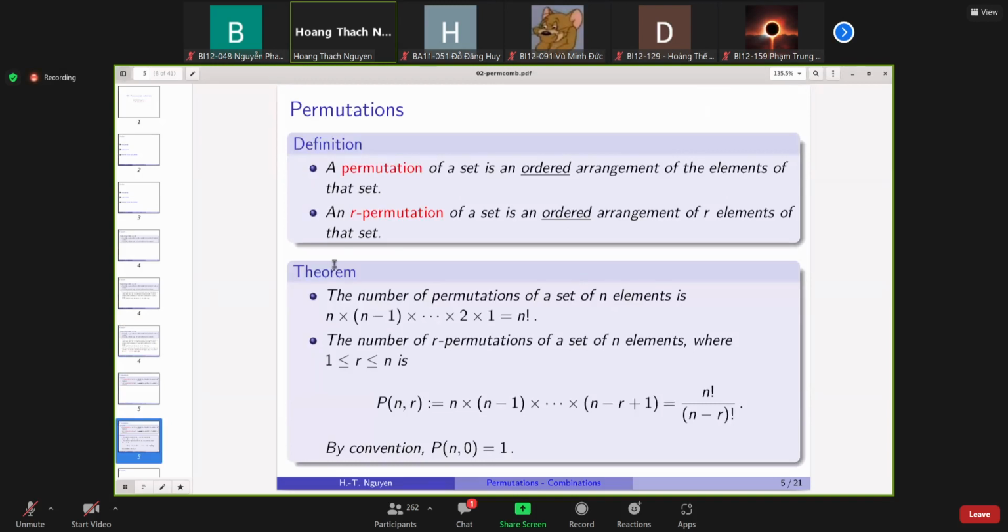You can apply the product rule to deduce that the number of permutations of a set of n elements is simply the product of the integers from n down to 1, or in short, we use this notation n followed by an exclamation mark, called n factorial. Which reads n factorial, or in Vietnamese, n giai thừa.